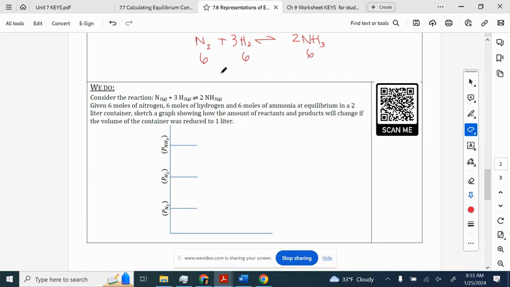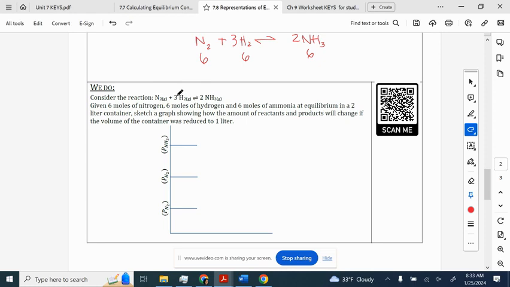If we're reducing this, we got to figure out which one of these things we're going to use up. Okay, so we need to talk about how we know that the reaction is going to shift in this direction.